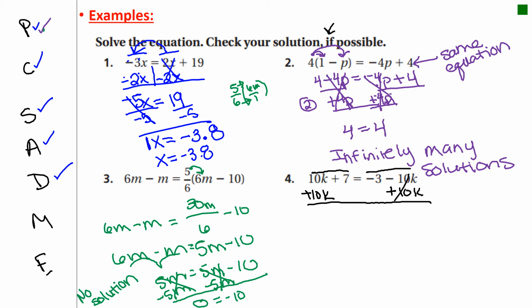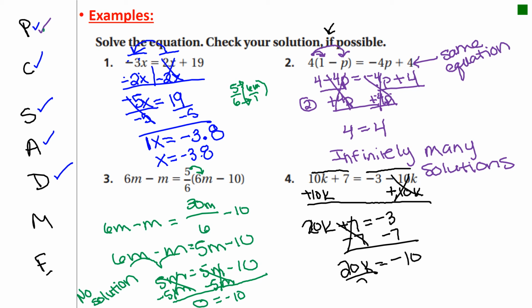I did that so I can cancel those out and get negative 3 on this side alone. 10 plus 10 is 20, so 20k plus 7. Now I have to take away 7. 20k equals, because these cancel out, negative 3 minus 7 is negative 10.